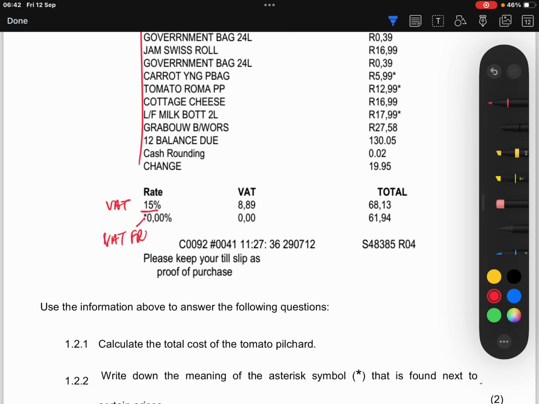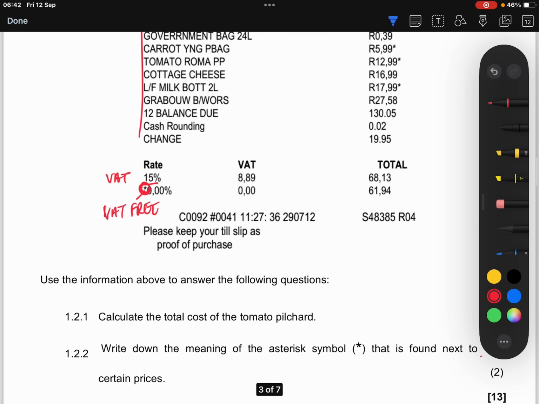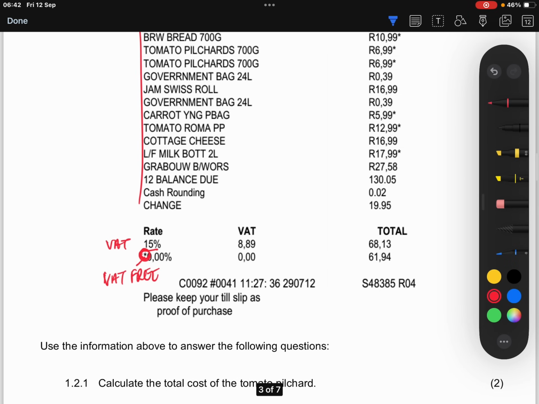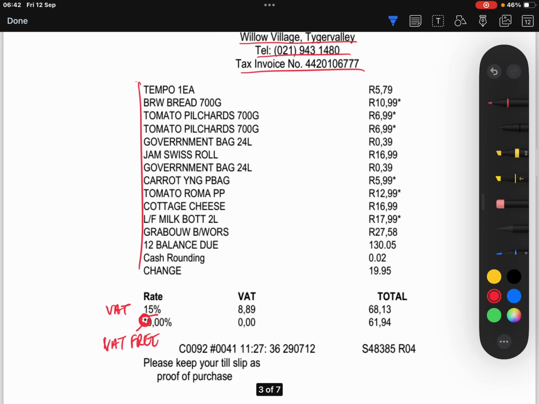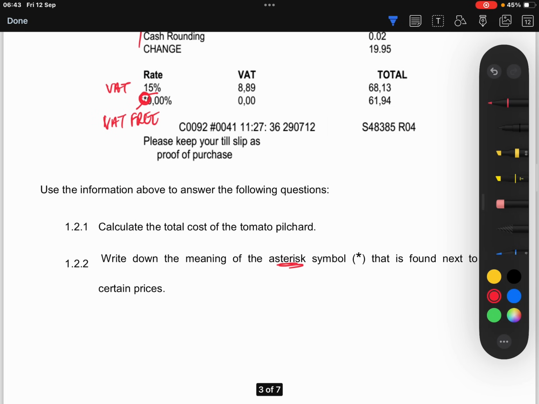So the items that have that star, we call it an asterisk. That means they have no VAT. So like these ones, the bread and the tomato roma, and that item and that item, they are VAT free. That means they have no VAT.